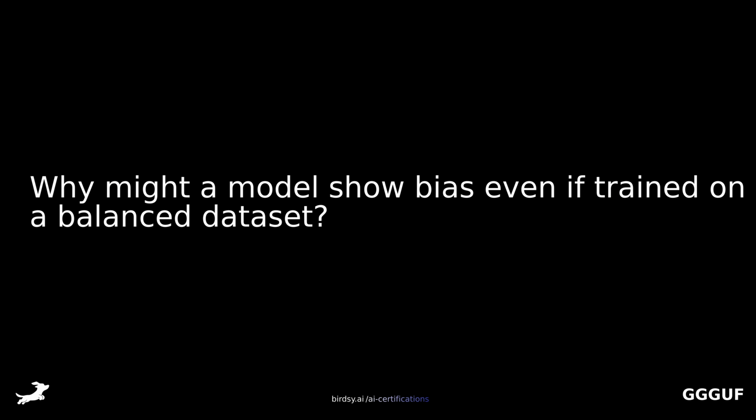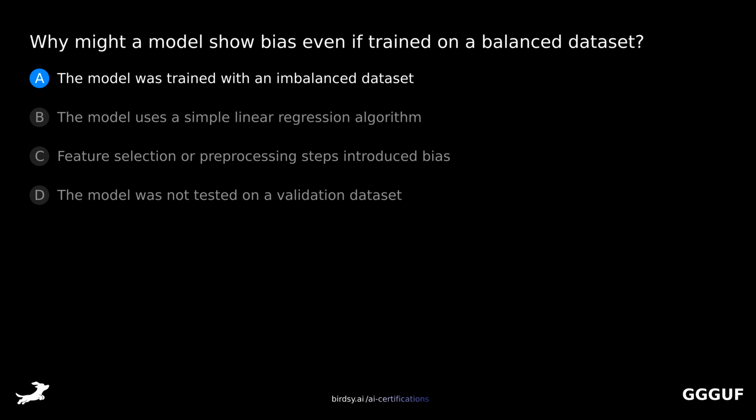Why might a model show bias even if trained on a balanced dataset? Is it A, the model was trained with an imbalanced dataset, B, the model uses a simple linear regression algorithm, C, feature selection or pre-processing steps introduced bias, or D, the model was not tested on a validation dataset?